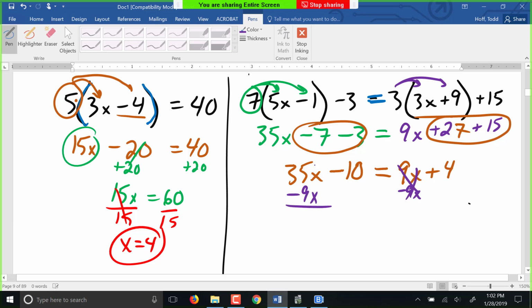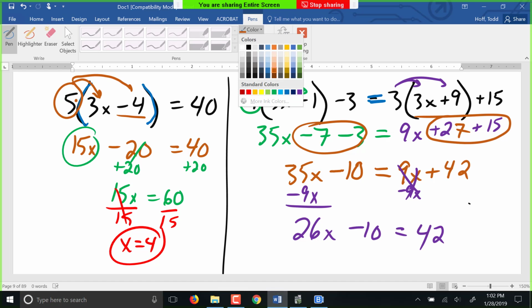Subtracting it over here, 35x minus 9x is 26x minus 10 equals 42.